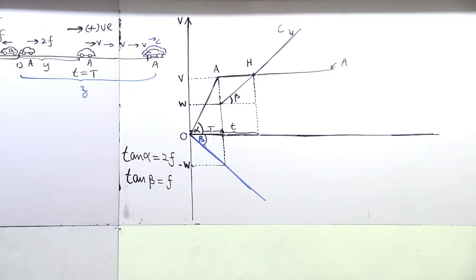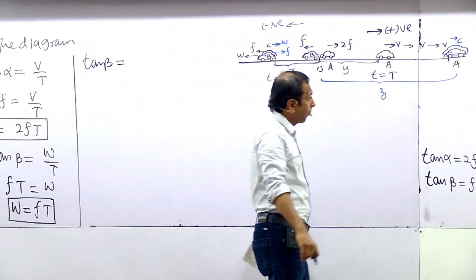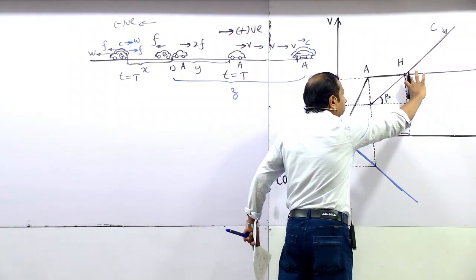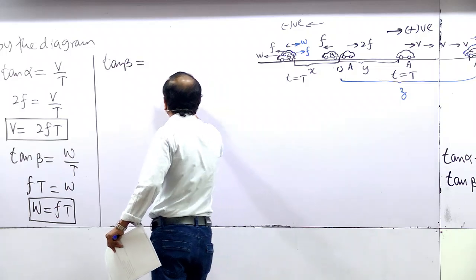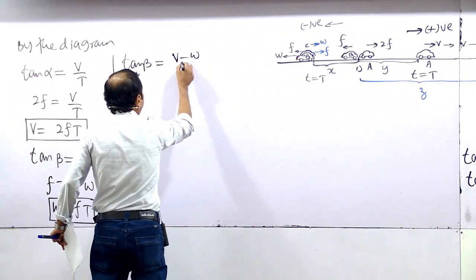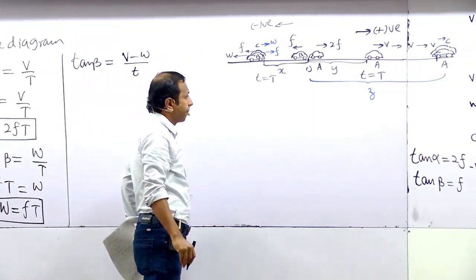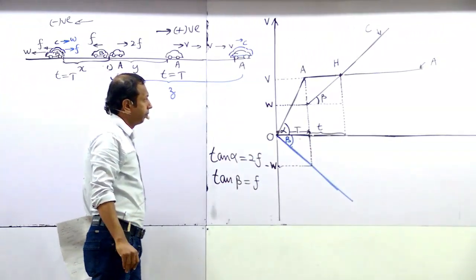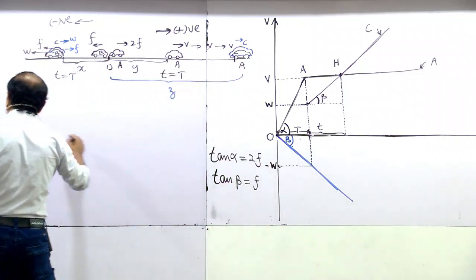Then you can write again by the diagram, tan beta is V minus W divided by T, simple T. Correct, no? Substitute for tan beta.